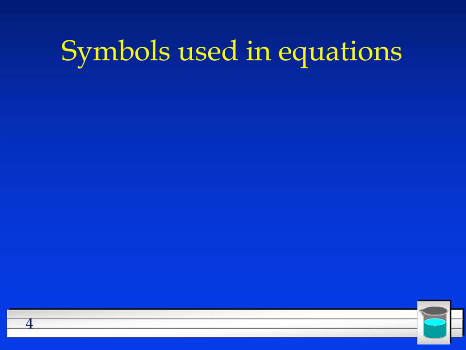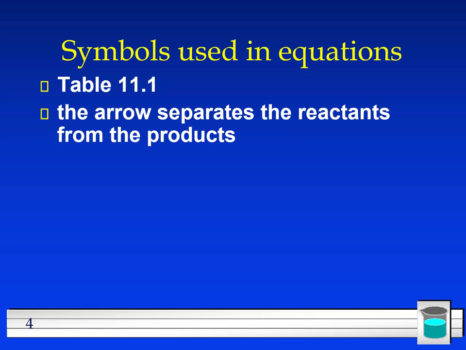So we got some symbols. We've seen a couple of them already. I got them out of your book in table 11.1. That's where they come from. You'll see them as you read Reading Guide 11.1. The arrow separates reactants from products.